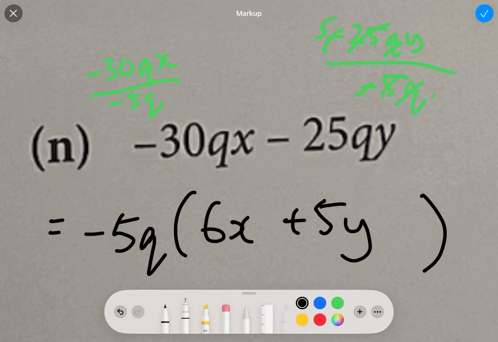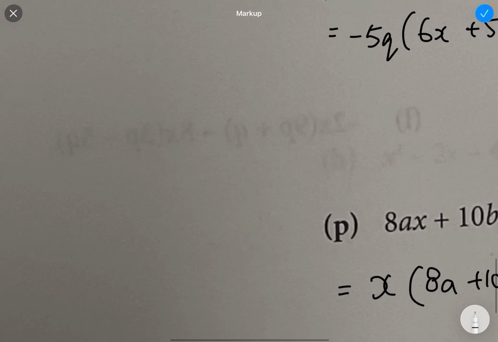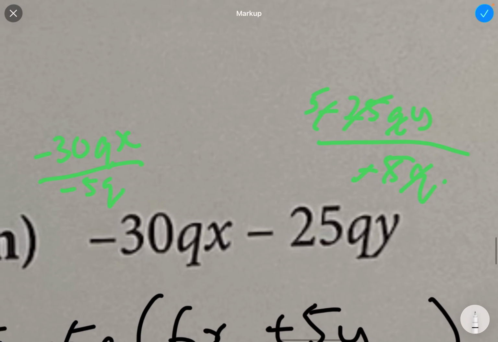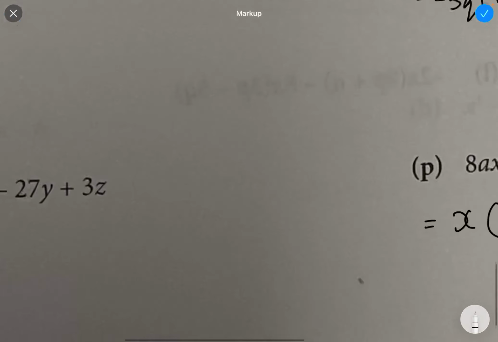But if you can do your mental sum, then okay. 25 divided by 5 is 5. Qy divided by Q, Q cancel, left with y. Minus divided by minus, so plus. Okay? Once you are comfortable doing your mental sum, you don't need to use the green color part to help you.